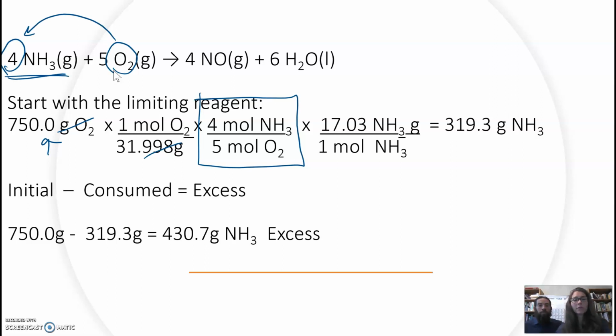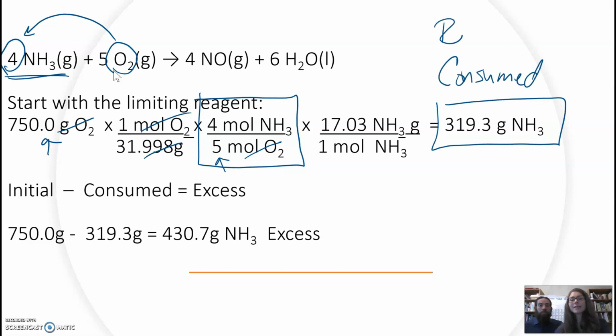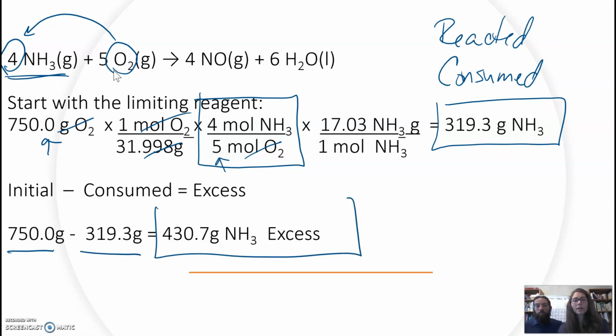So we're going to go from our 4:5 ratio here of oxygen to ammonia. And once we have moles of ammonia, we can go to grams of ammonia, and that's how much was consumed. It might say reacted, how much disappeared, how much whatever. So we know how much we started with. Now we know how much reacted once the oxygen ran out, and this is our excess.